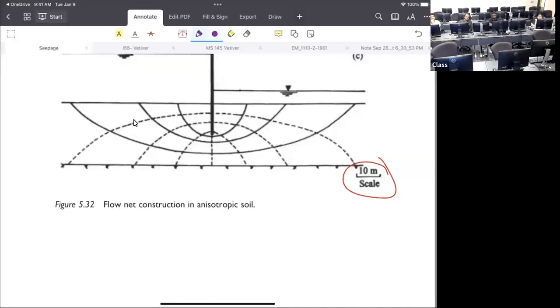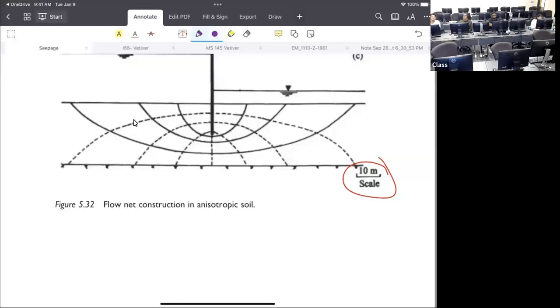You need to calculate the K, that's one. And then how you draw the flow net is the difficult part. We adjust the scale, then we draw the flow net. And if you have any structure on top of it, we just squeeze the structure, nothing changes.